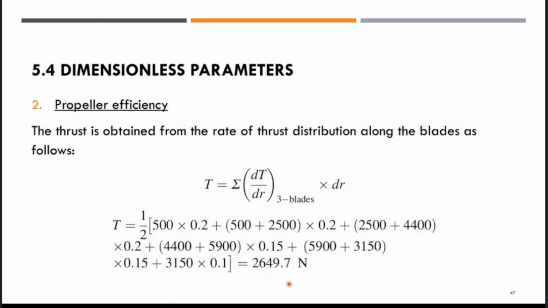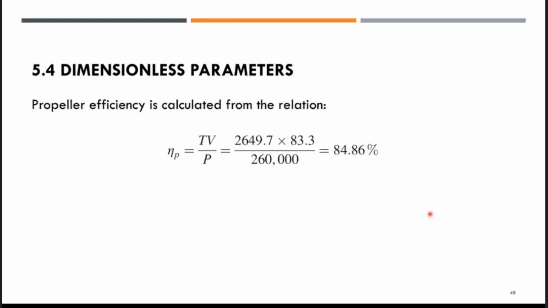Okay, moving into the propeller efficiency. The thrust is obtained from the rate of thrust distribution along the blades as follows. You use this expression for T, and you can get thrust equal to 2649.7 Newton. And the propeller efficiency itself is calculated from the relation.